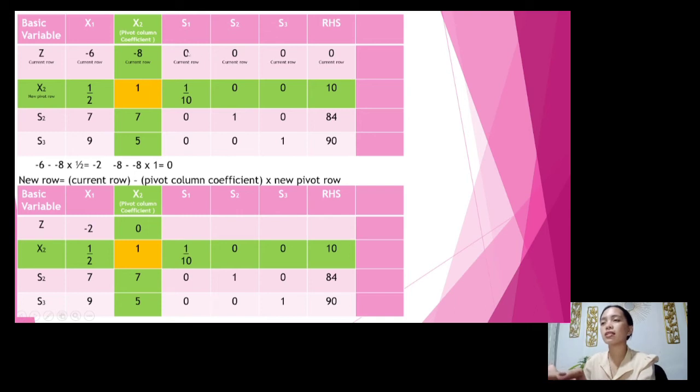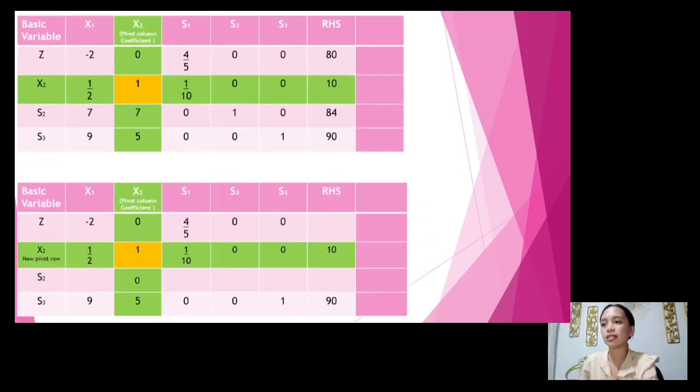Next is 0 minus negative 8 times 1/10 is 4/5. 0 minus negative 8 times 0 is 0. Then 0 minus negative 8 times 0 is 0 also. Then 0 minus negative 8 times 10 is 80.